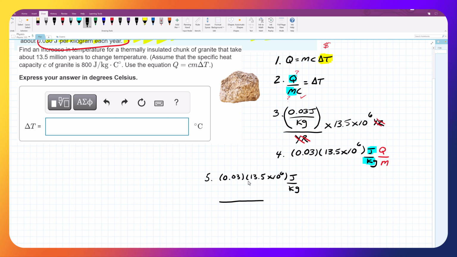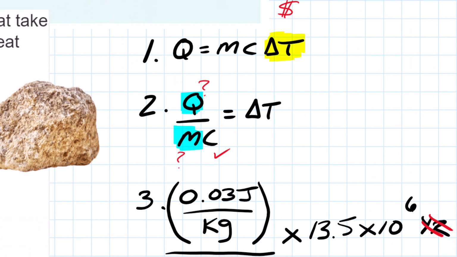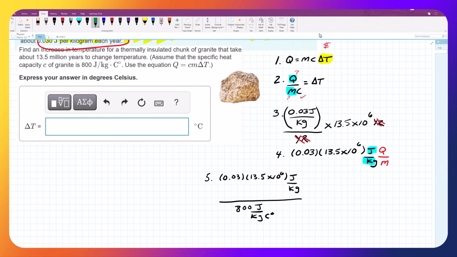And now I'm going to divide Q over M by C. And C, in my case, is 800 joules per kilogram Celsius degree. Let me just reiterate. In statement number 2, I didn't know Q, I didn't know M, but I did know C. Doing steps 3 and 4 actually spit out that Q over M fraction.